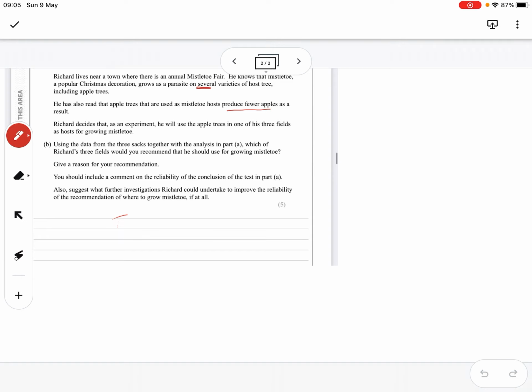So what do we say? Top field for mistletoe, and then do more investigations, get more data, basically, not just one day.